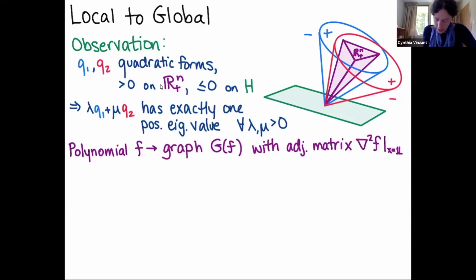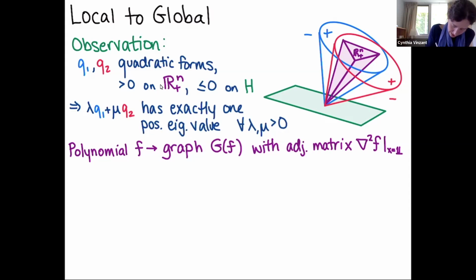Okay. And so to actually be able to state a theorem, what I'm going to do is to a polynomial associate a graph whose adjacency matrix is the Hessian, say evaluated at the all ones point.